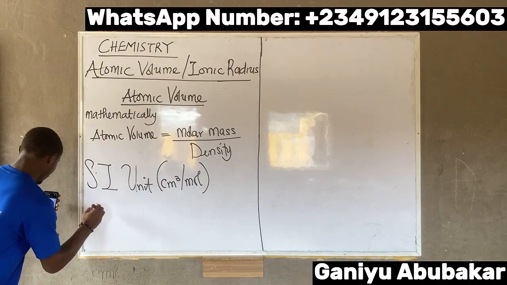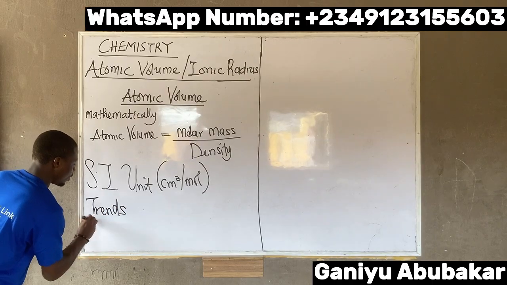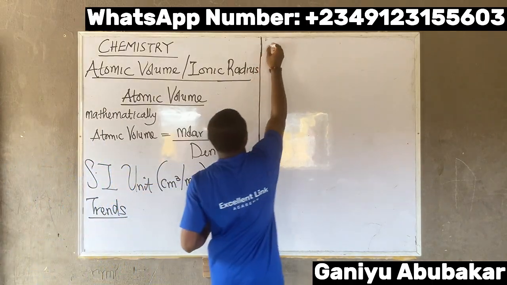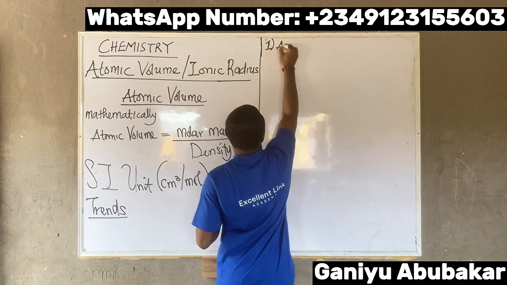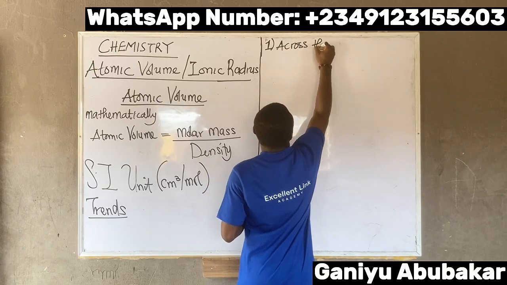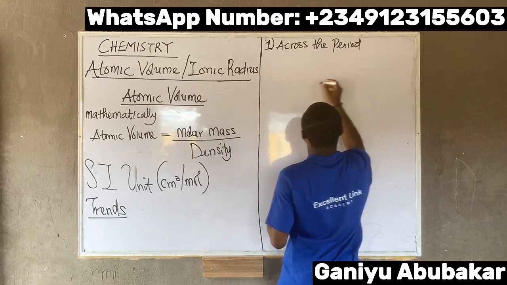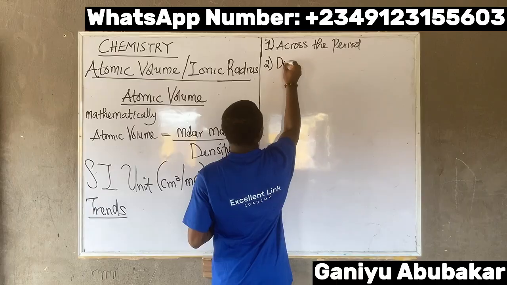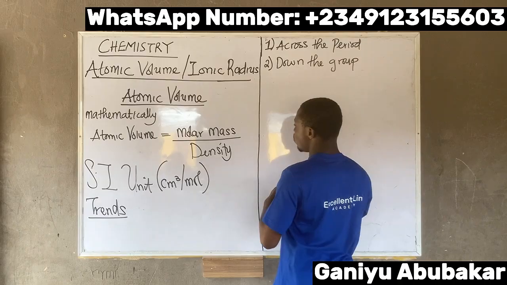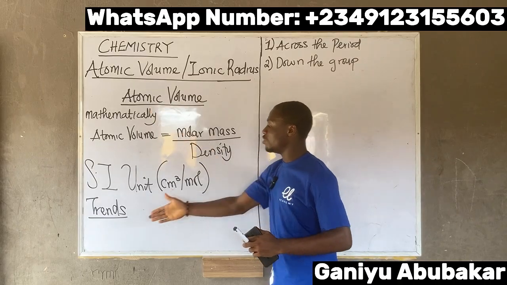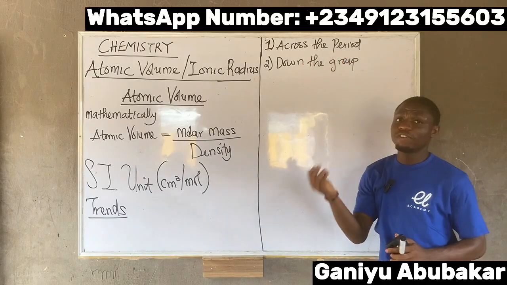We have number one, across the period, and number two, down the group. So when it comes to atomic volume, the trends are in two forms: across the period and down the group.